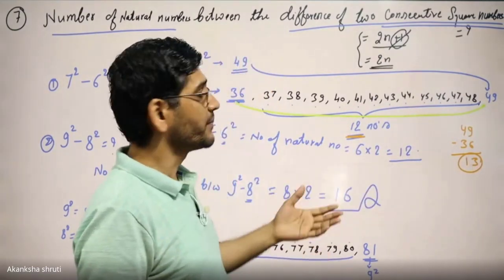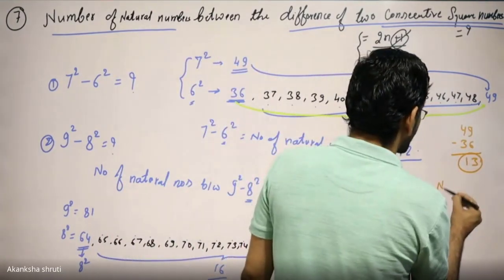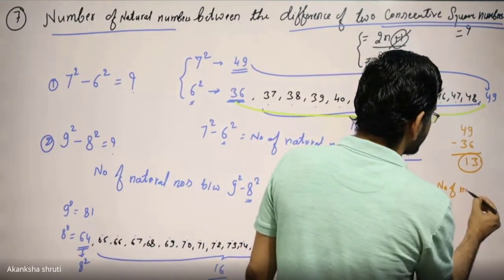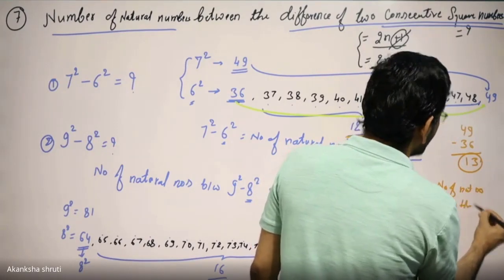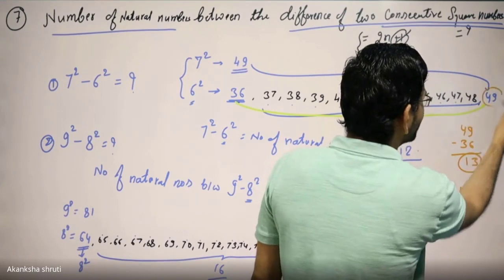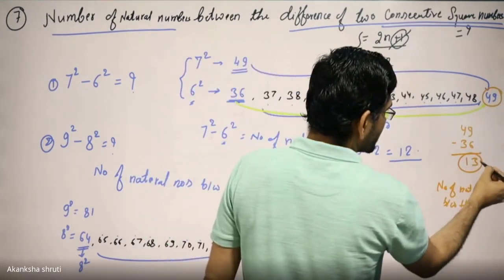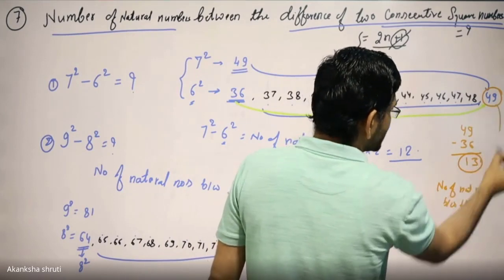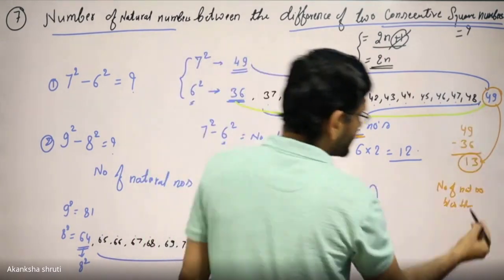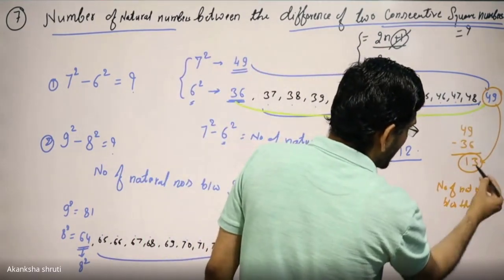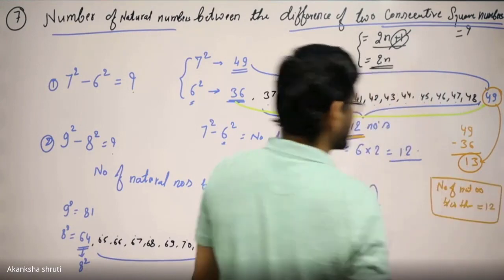But for the number of natural numbers between them, this 49 has to be left out. Keep in mind, if we consider this difference, then 49 is included, but it need not be counted. So one more has to be left. It is our 12. This we have to understand.